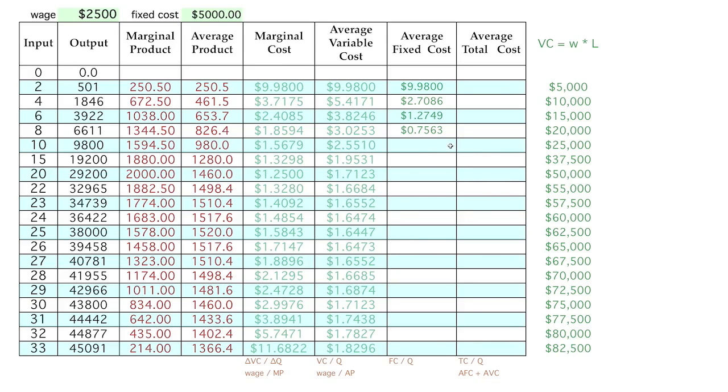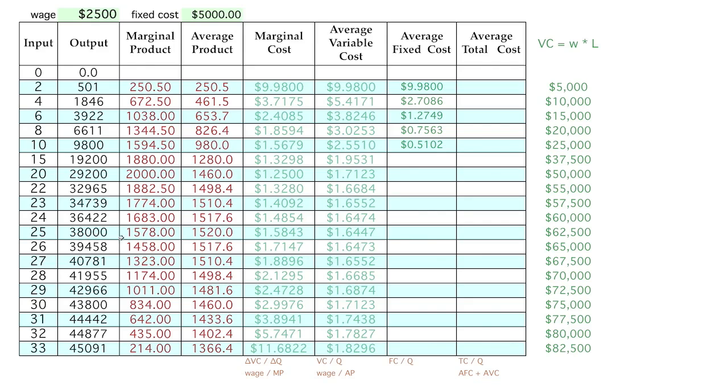When you are making 9,800 units of output and you want to find the average fixed cost, you simply take $5,000, you divide it by 9,800, and you get 0.5102. And we can pick anywhere on the table.